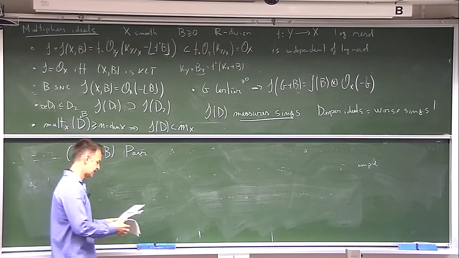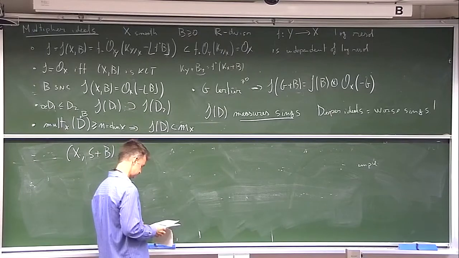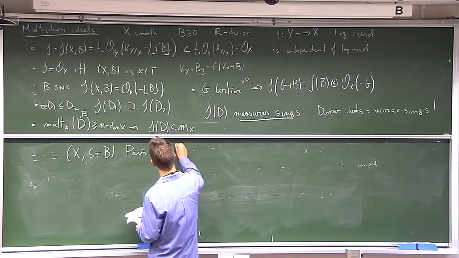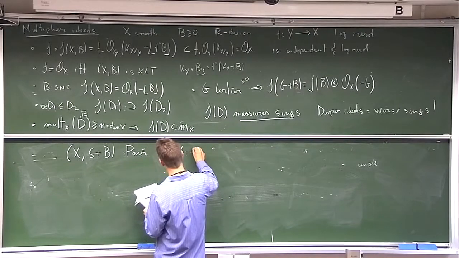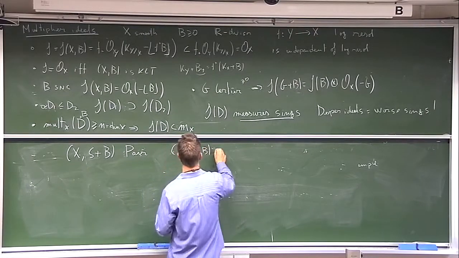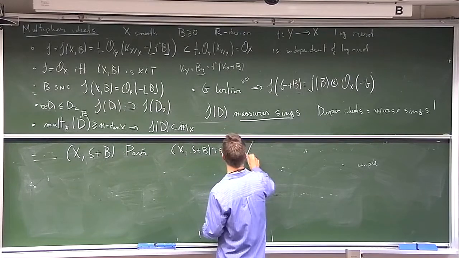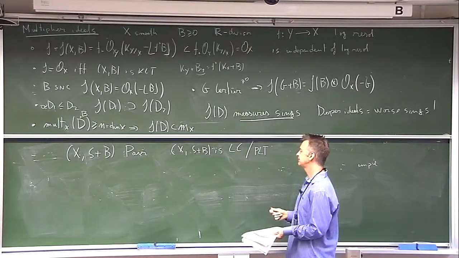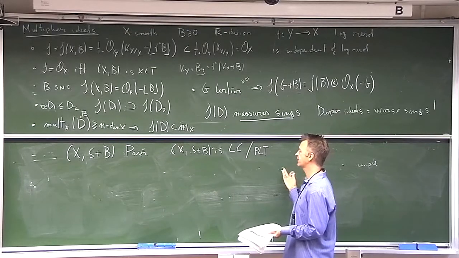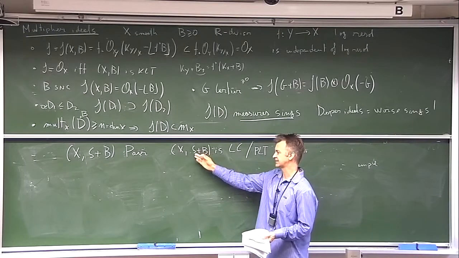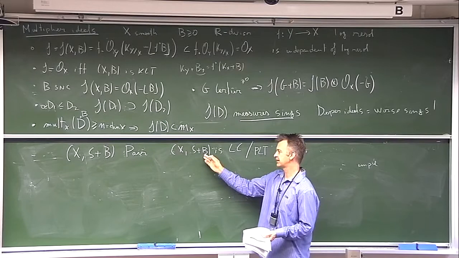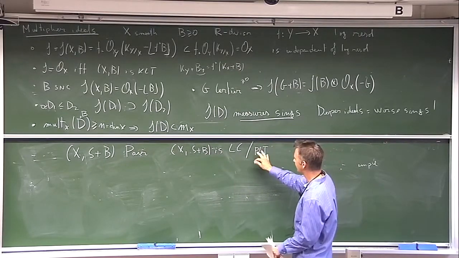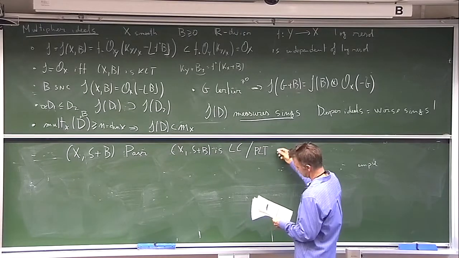Then (X, S plus B) is log canonical, respectively PLT. PLT means that the only thing with coefficient 1 that ever appears is the divisor S itself. Everything in B has coefficient strictly less than 1, even after I blow up. So it's one of these intermediate variants. Log canonical I already defined.